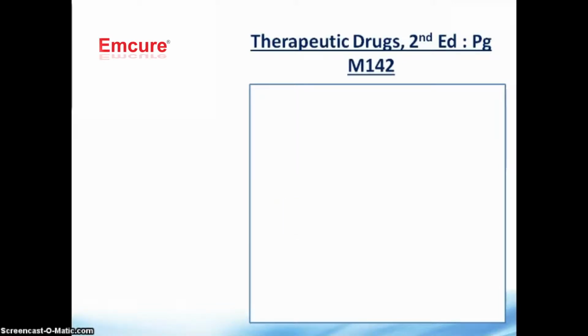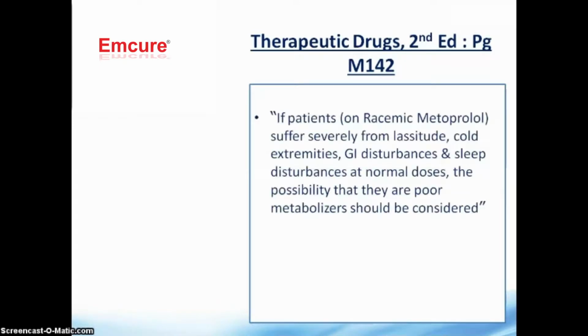This was an article published in Therapeutic Drugs, second edition, and it highlights the complications, or you can say the side effects, when a patient is taking racemic metoprolol. It suggests that if a patient suffers severely from lassitude, that is lethargy, cold extremities, gastrointestinal disturbances, sleep disturbances at normal doses, the possibility that they are poor metabolizers should be considered.